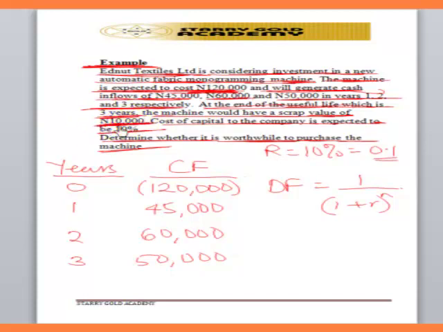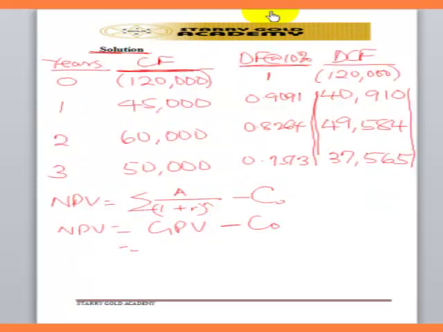So we have to take this into account, which means that to get the exact cash flow for year 3, we need to add this 10,000 naira scrap value to the inflows in year 3, which means in year 3, we are going to have 50,000 naira plus 10,000 naira scrap value, which is now 60,000 naira.